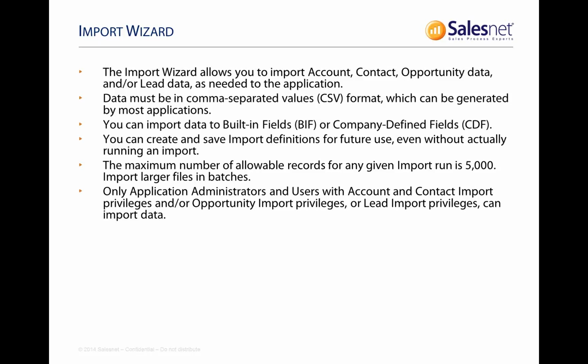So an Acme account with John Smith linked to it, with an opportunity linked to that. And we can also create lead or prospect data with the import. You do have to pick which type of record, either lead or account, contact, opportunity.